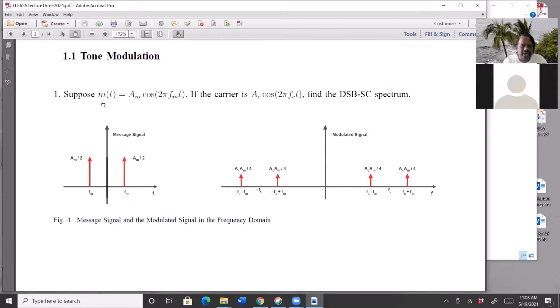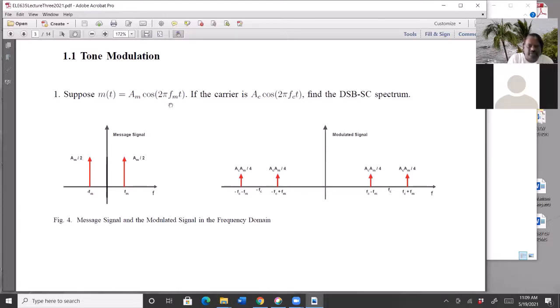So the message signal has an amplitude AM cos 2 pi fmt. The carrier is AC cos 2 pi fct. Then we need to calculate the spectrum. So what is the spectrum of this? The first question.